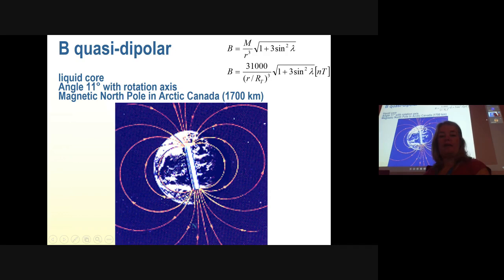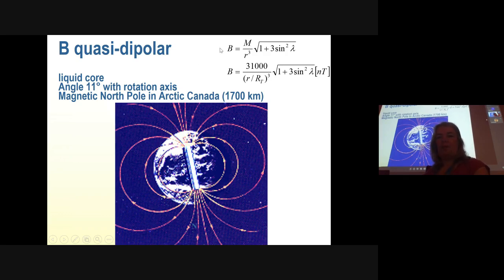Thus the magnetic poles of the Earth do not correspond exactly to the geographic poles corresponding to the axis of rotation. For instance, in the Northern Hemisphere, the magnetic pole is located in Arctic Canada, quite far, more than 1,000 kilometers from the geographic pole.